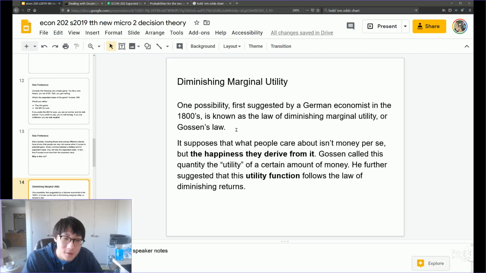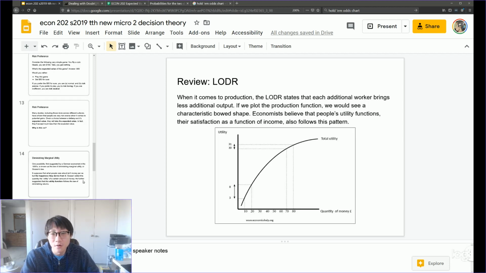And Gossen suggested that in general, people's utility function follows the law of diminishing returns. Okay. Now, we've come across the law of diminishing returns before when we talked about firms. And we said that there was diminishing returns when you consider, for example, hiring more workers.